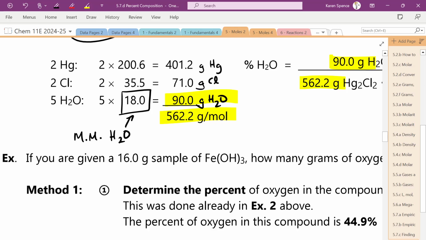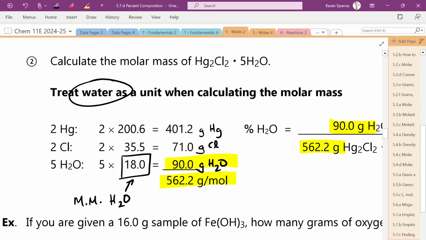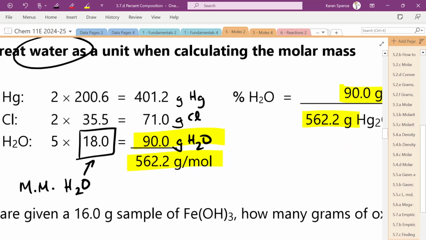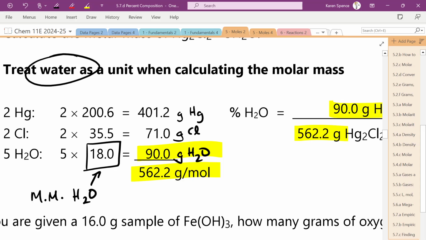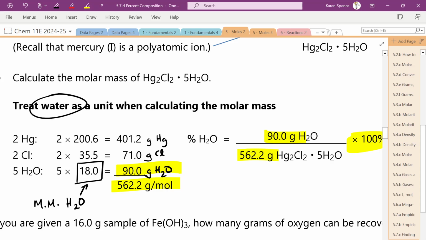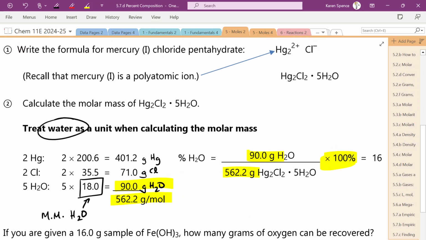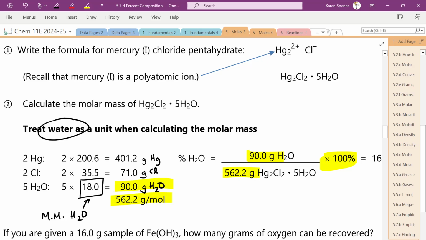Now, we can apply this to some problems and make it a little bit less trivial. If you are given 16 grams of FeOH3, how many grams of oxygen can be recovered? Now, there's actually many ways to do this problem. You can use percent composition, you can use conversion factors.